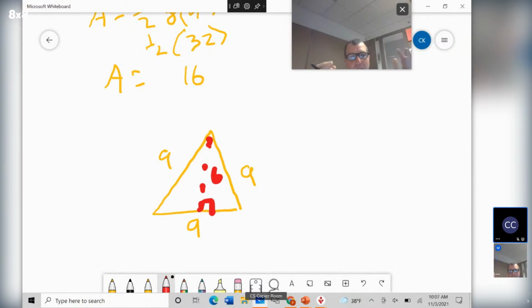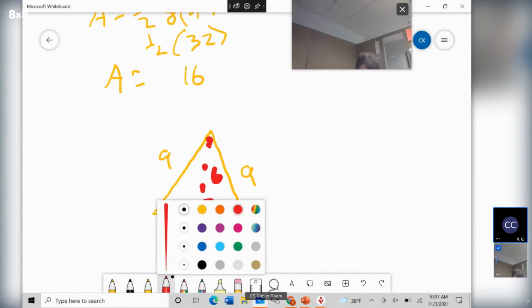So in this case, we're just using feet. So the height's going to be 6 feet. Let me make that a little bit smaller. I know it's hard to see sometimes.